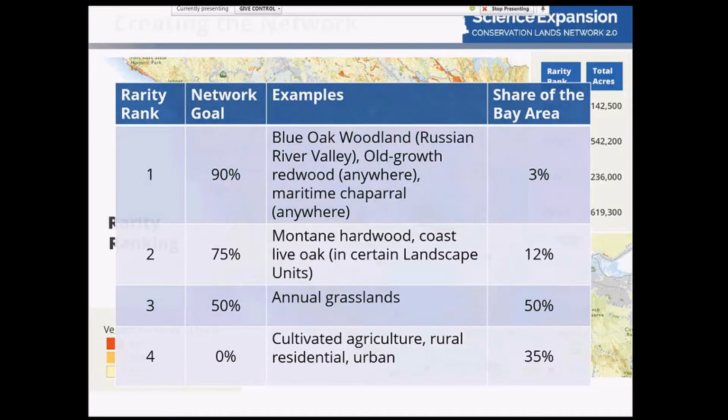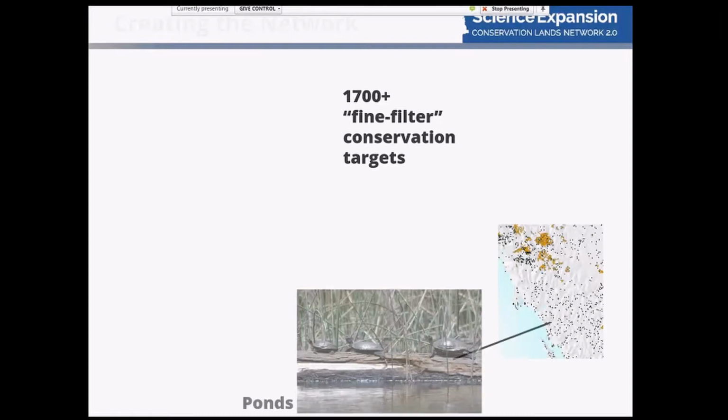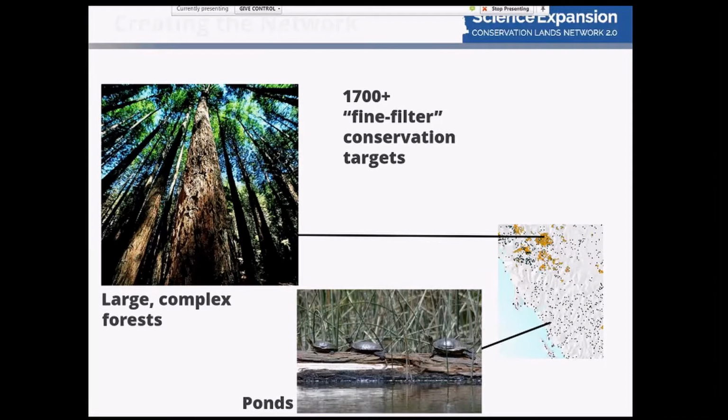Okay, so as I mentioned, coarse filter conservation targets only get you so far. There are lots of different targets out there that aren't well mapped in a regional vegetation map, things like ponds or large complex forests. eVeg is the source that we used primarily for the vegetation map.